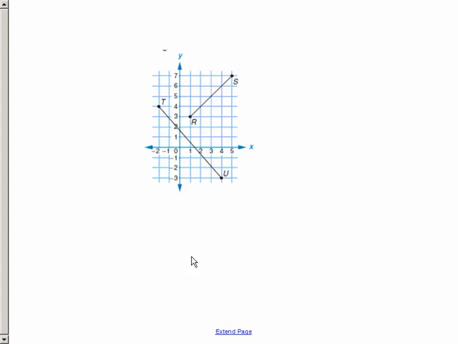You will see some line segments on a coordinate grid, and you will have to find the midpoints of these lines. When you've got a slanted line, one of the ways you can do it is look at either your x or y coordinates. So here, one of the x coordinates is a 4. The other x coordinate is negative 2.